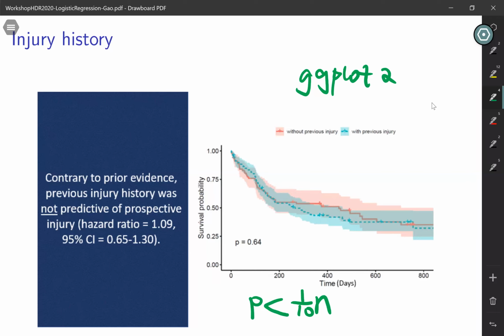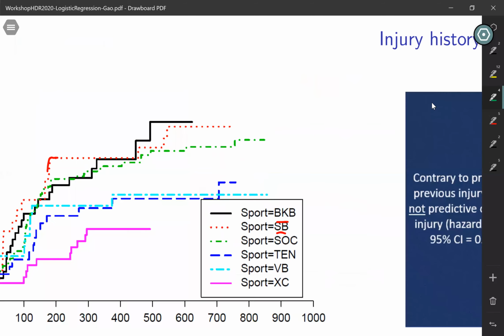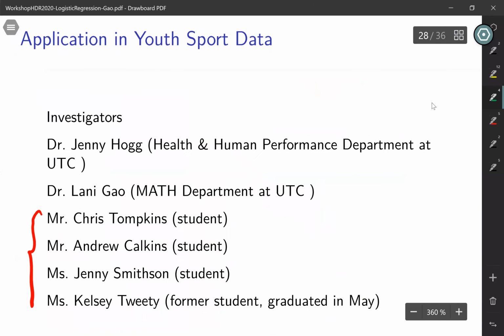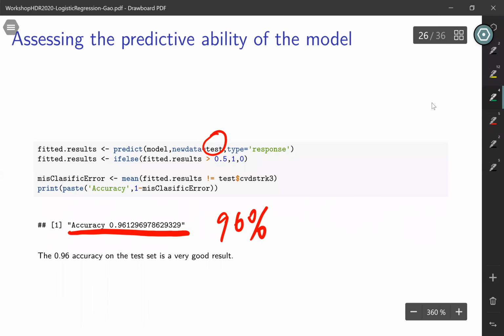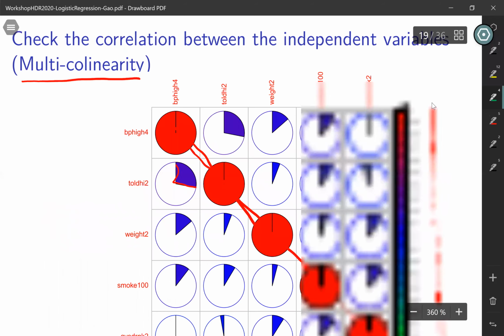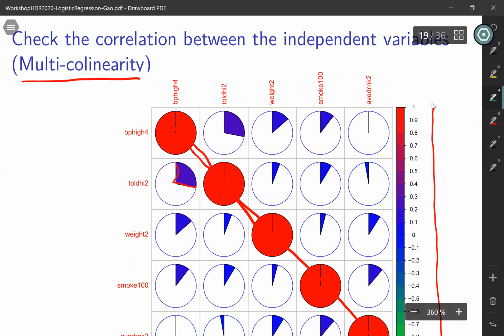Also, most likely overfitting is due to multicollinearity, so I check the collinearity before I conduct the logistic regression. So for overfitting, you have to check the sample size and the multicollinearity issue.